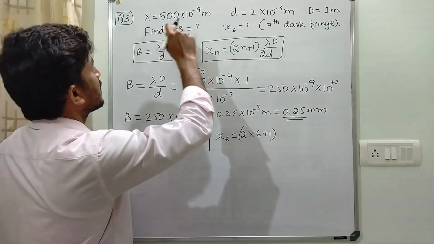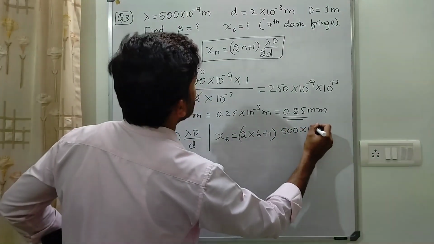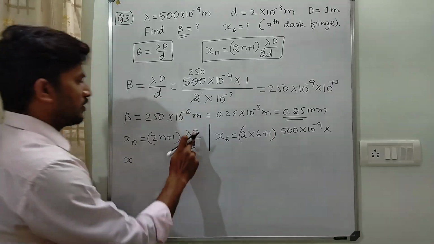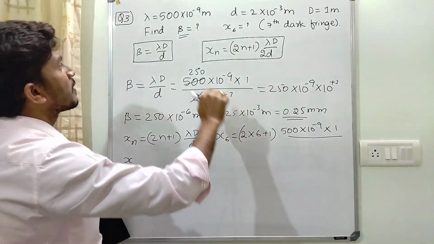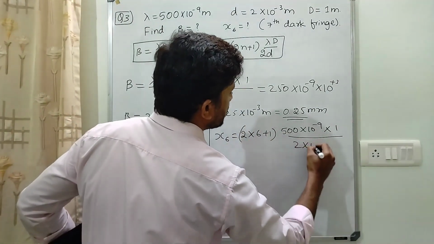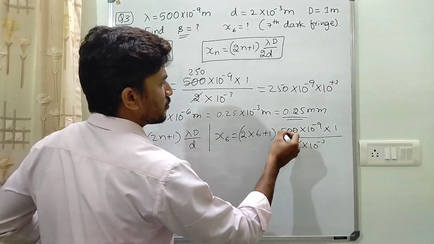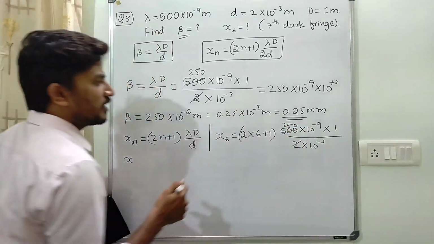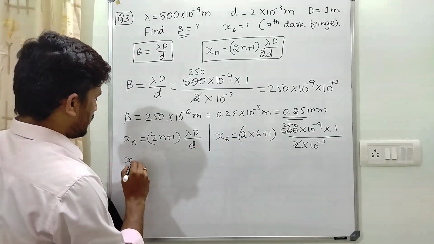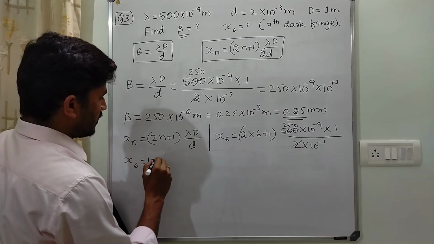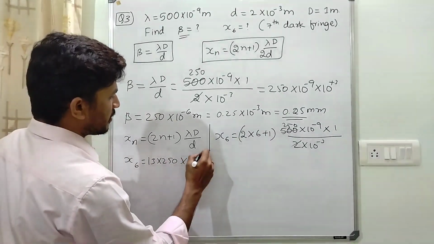It's given, so 500 into 10 to the power minus 9 meters into capital D value 1 meter, divided by 2 into 10 to the power minus 3, which is also given. As we have done in the previous case, 250 into 6: 2 sixes are 12, plus 1, 13. So x6 is equal to 13 into 250 into 10 to the power minus 6.